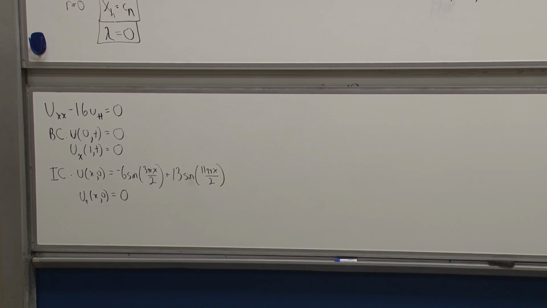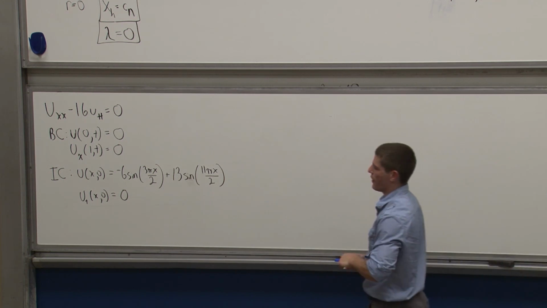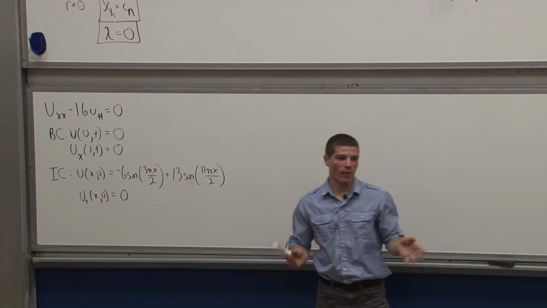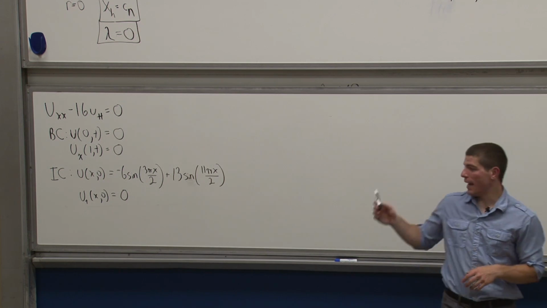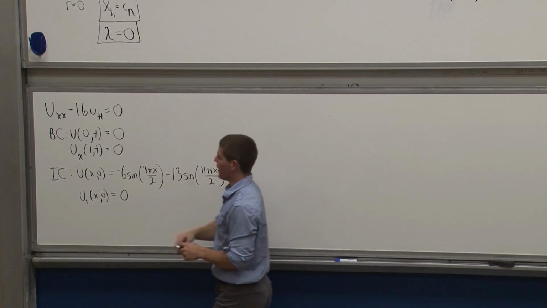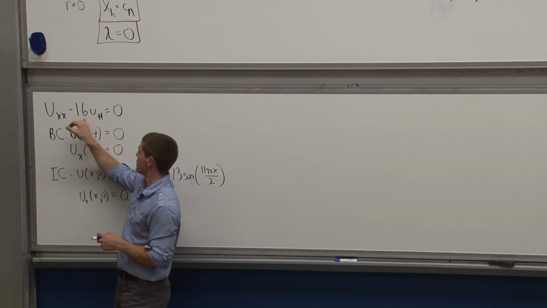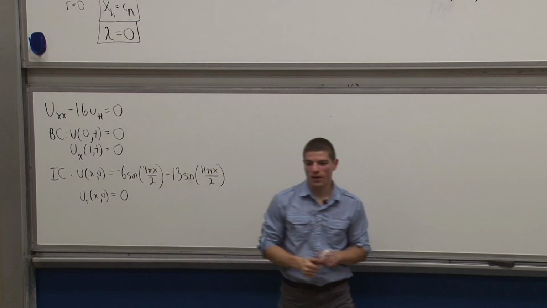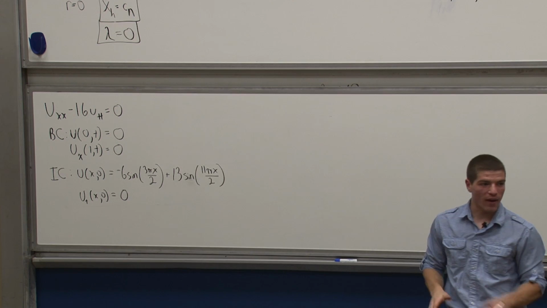The one I just did was, I think, the heat or wave equation, I don't know which one. And this one is the opposite of that, because you have UXX and you have UTT here. Okay, so I'll let you guys write that down.